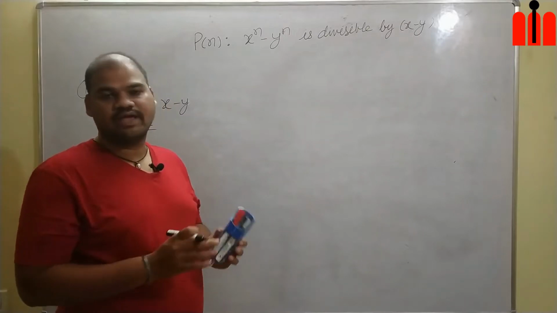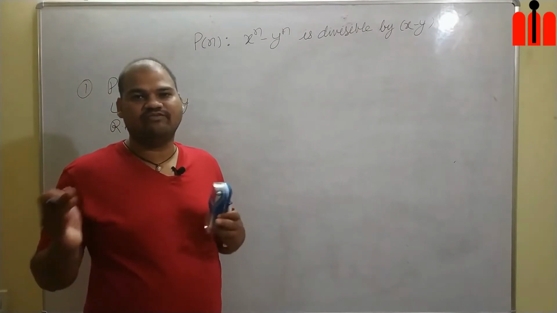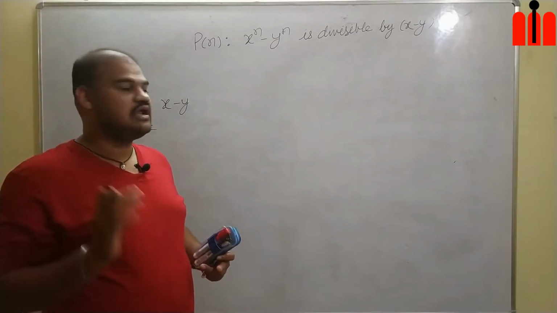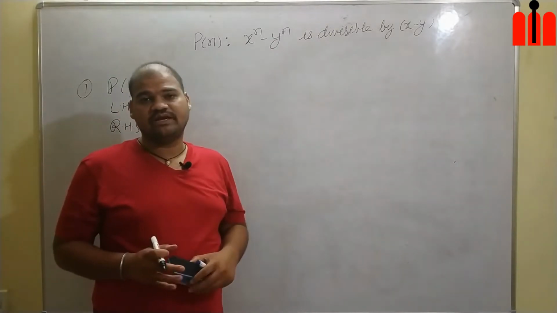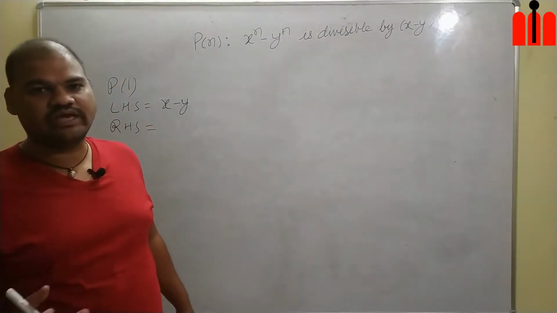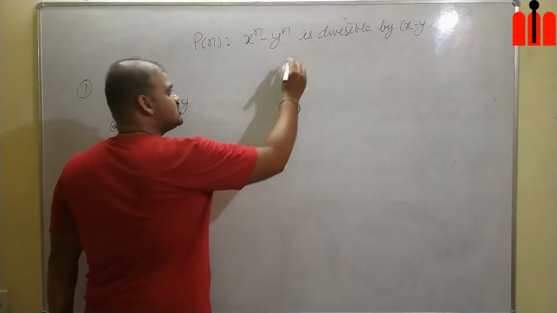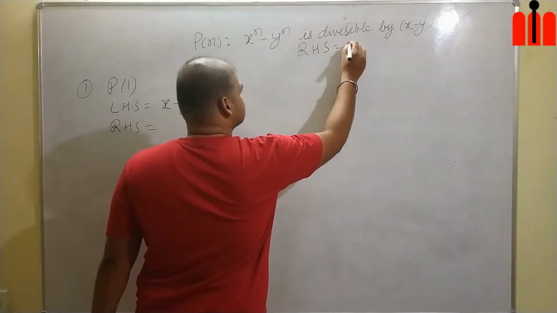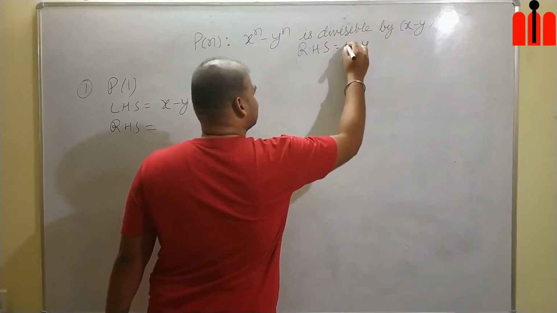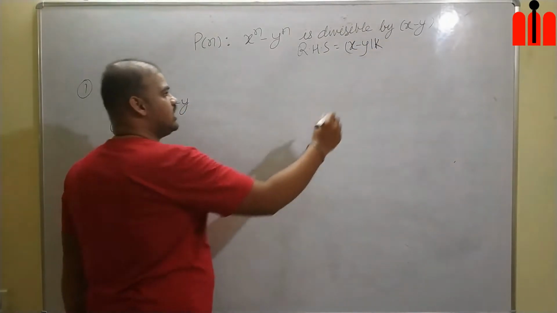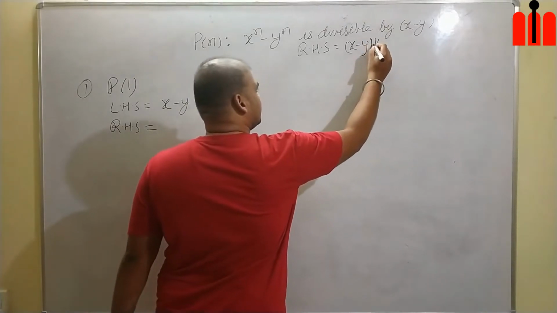Like if a certain expression is divisible by 5, then my a will become 5, then it will be 5k. Like that. Here the divisibility is x minus y, so it will become x minus y into k. That will be my RHS. So I have to frame my RHS in the form x minus y into k.